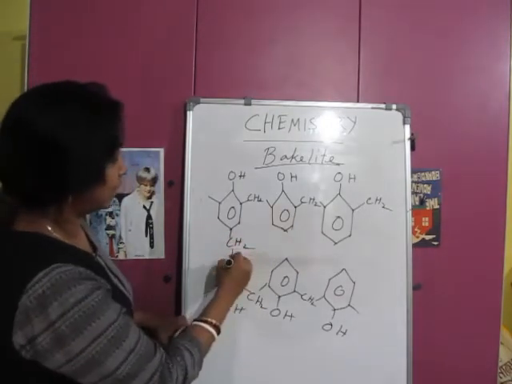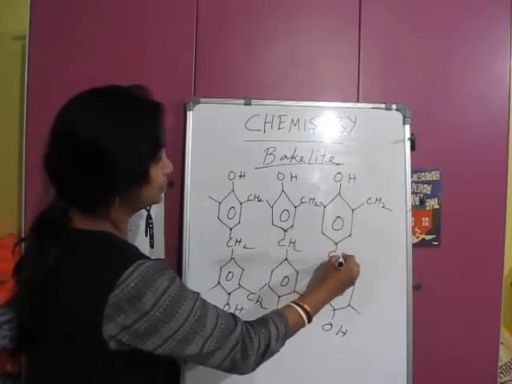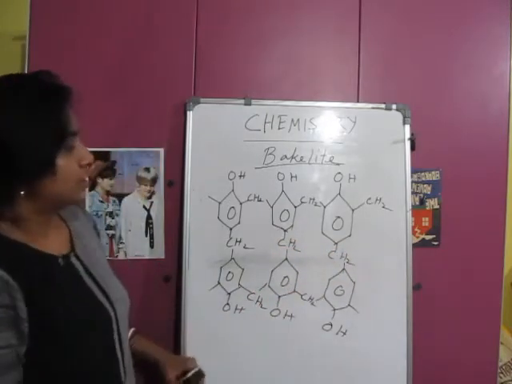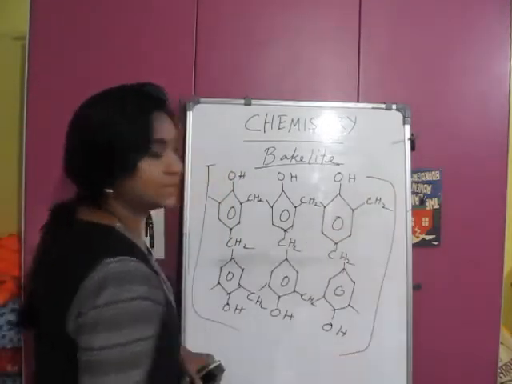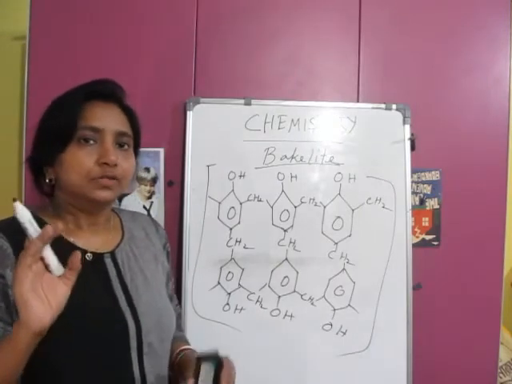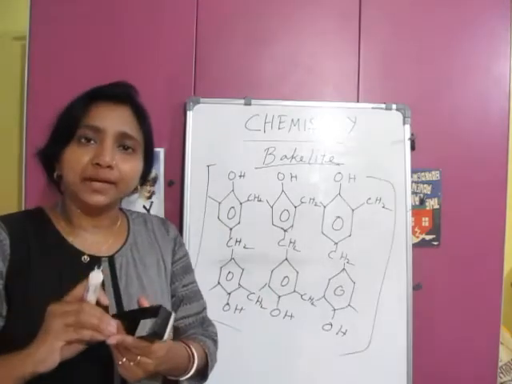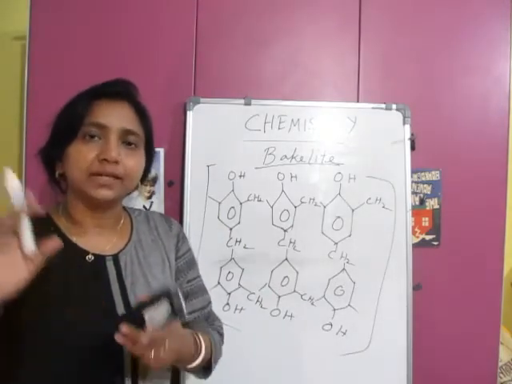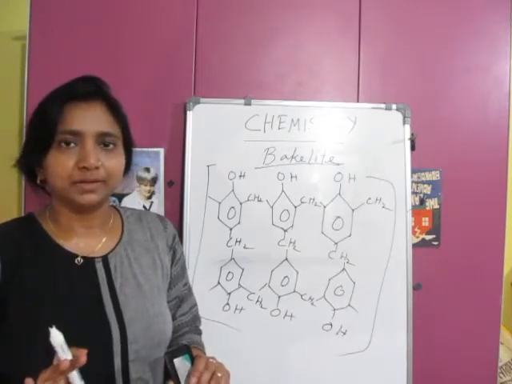Then connect these two chains by CH2. So in this way you get the full structure of Bakelite. So you have learnt the structure of the material from which switchboards and switches are made.